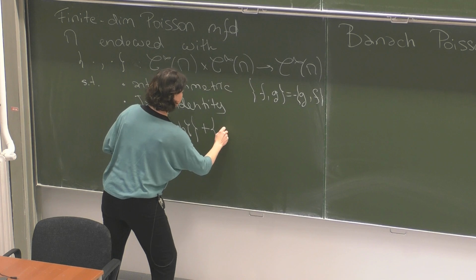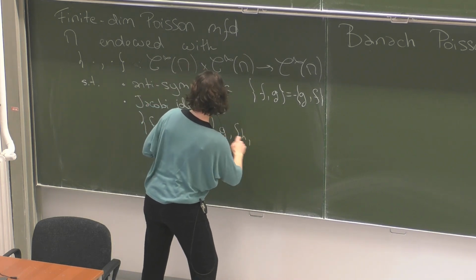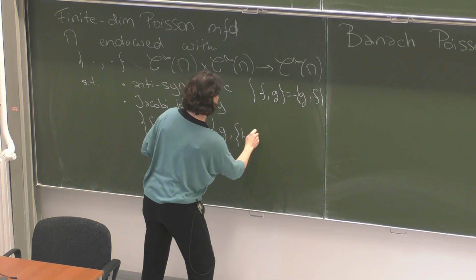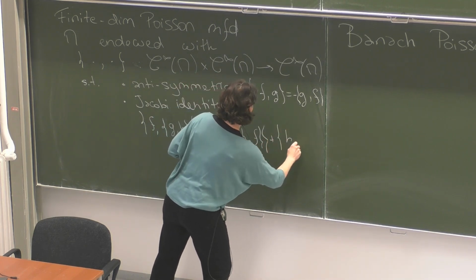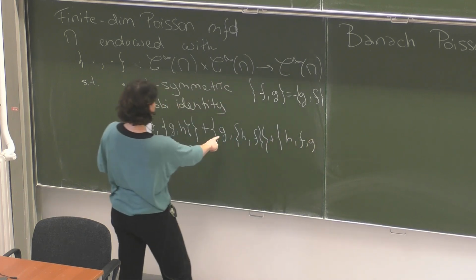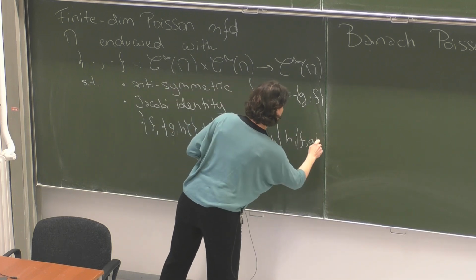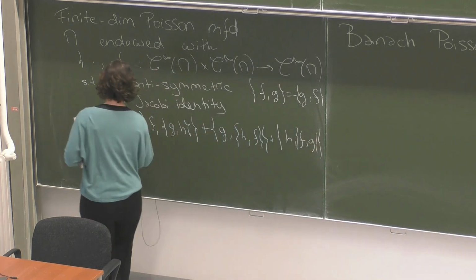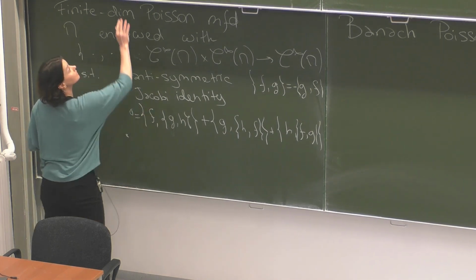And you take a circular permutation, and this gives you 0. I hope I did it in the right way. H, F, G, like this. Should be 0. And the last identity is a Leibniz rule.